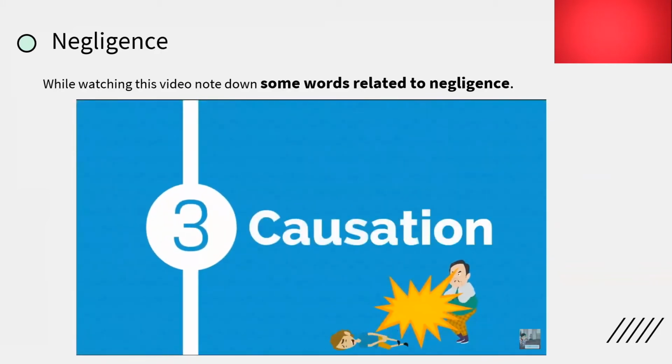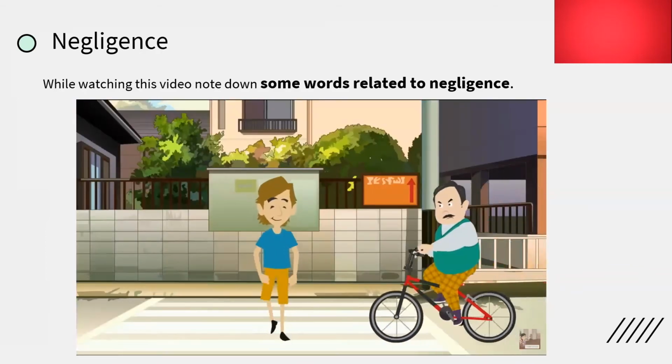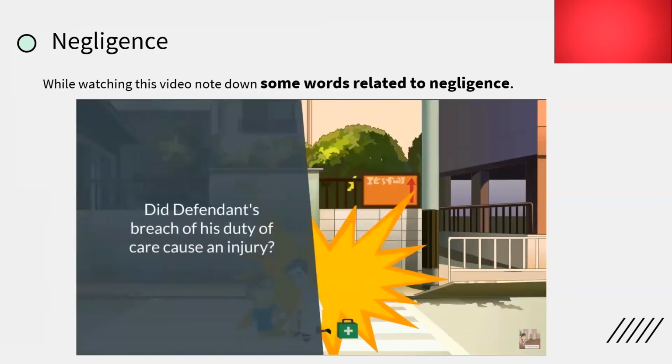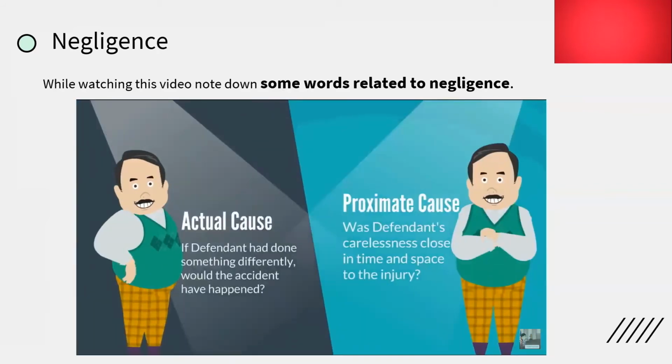Next, we'll look at causation. At this point in its analysis, a court will ask whether the defendant's breach of his duty of care caused the plaintiff's injury. In fact, courts discuss two types of causation, actual cause and proximate cause. We're not going to discuss those in too much detail, but actual cause means if the defendant had done something differently, would the accident still have occurred? For proximate cause, we ask whether the defendant's actions were close enough in time and space to the injury.